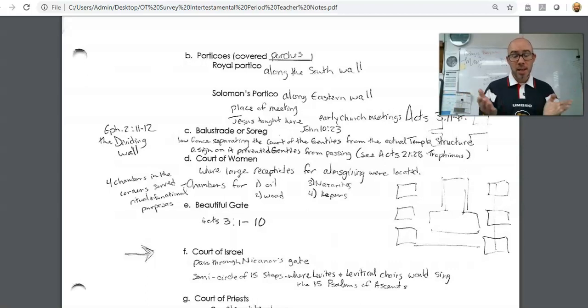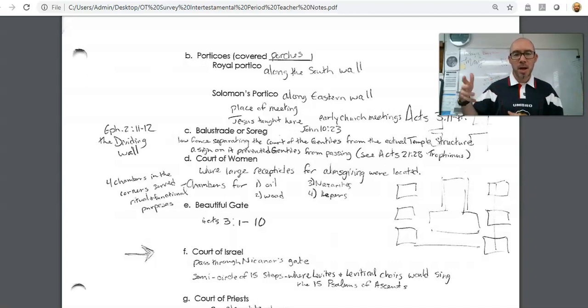Beautiful Gate, and that is where in Acts 3, Peter and John go to the temple during the hour of prayer. There's a man sitting by the gate. It indicates it's the Beautiful Gate. He has never walked. He is healed. Peter sees that he has the faith to be healed, and he says, silver and gold have I none, but what I give to you, in the name of Jesus, arise.